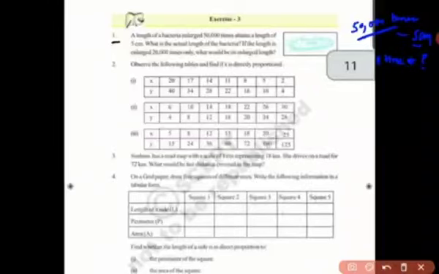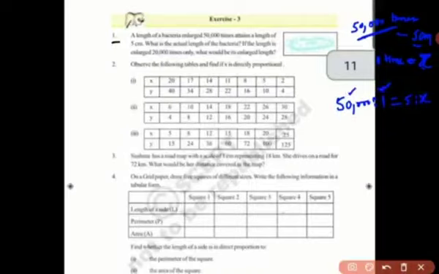If I take this as x using the direct method, 50,000 is in ratio with 1, equal to 5 centimeter when enlarged 50,000 times, and x when not enlarged, which I'm taking as 1.